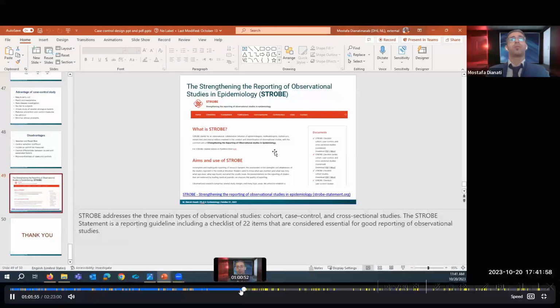Keep it in mind to also write the report according to STROBE. And also, as I mentioned in the previous lecture, if you can also submit the checklist, that would be really great. And the editor will be really pleased.